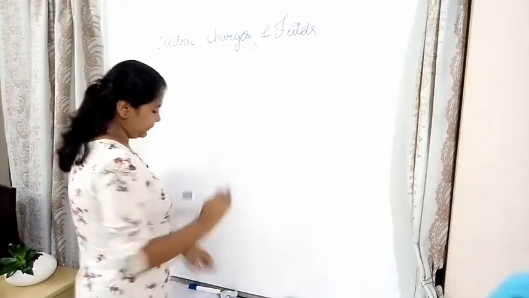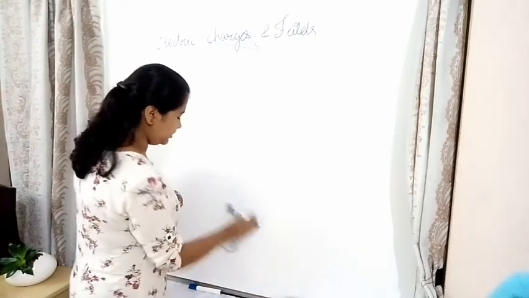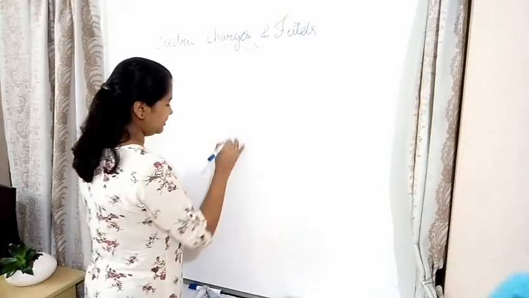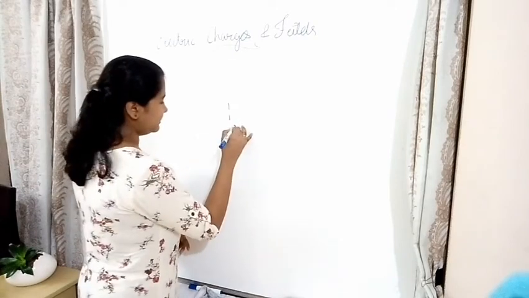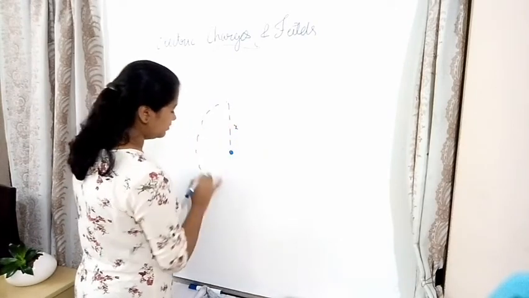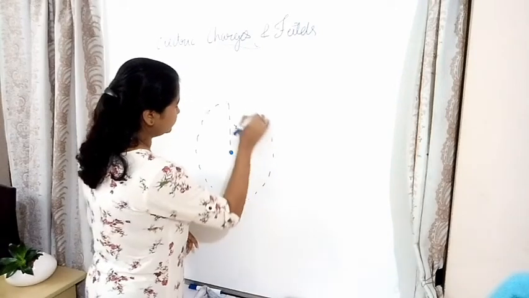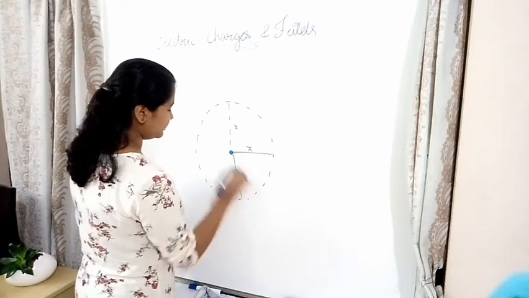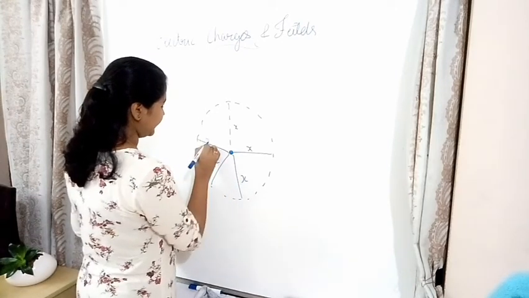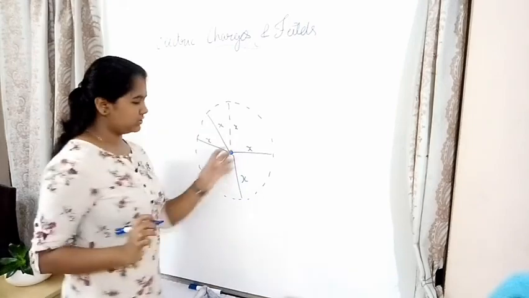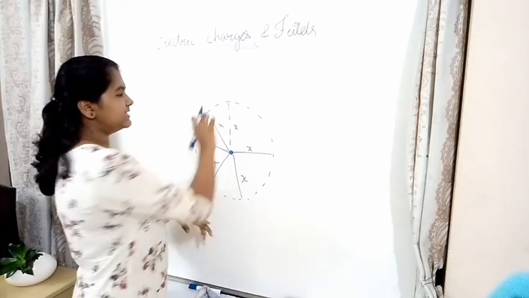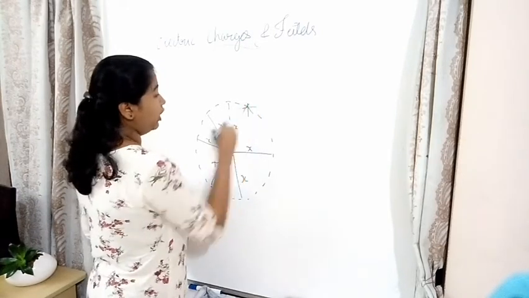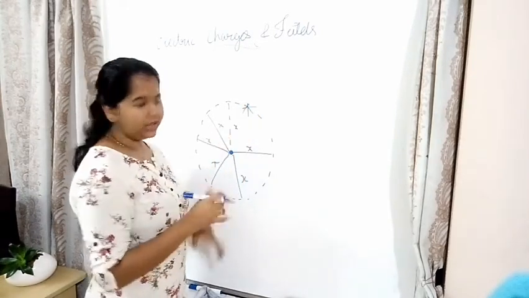So now I'll tell you about the source charge. This is the point source charge, and there's a distance x. Assume it to be a circle with radius x. So wherever on the circumference of this circle you look, the magnitude of electric field would be the same.